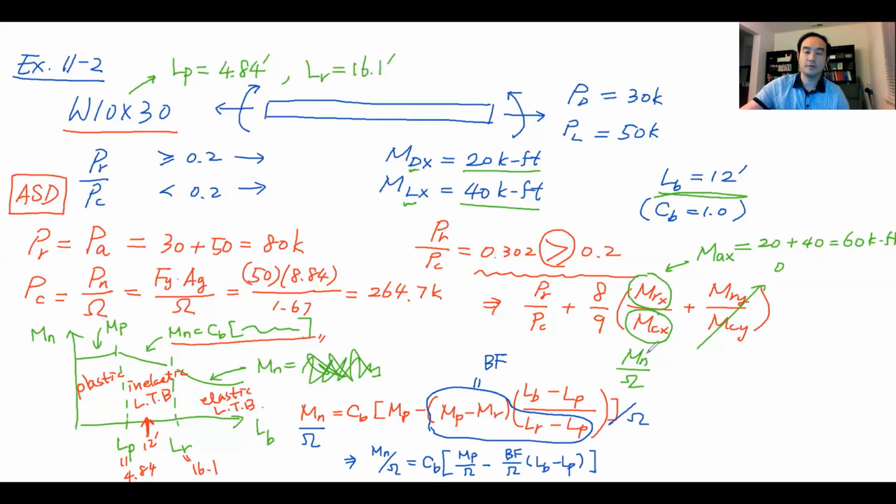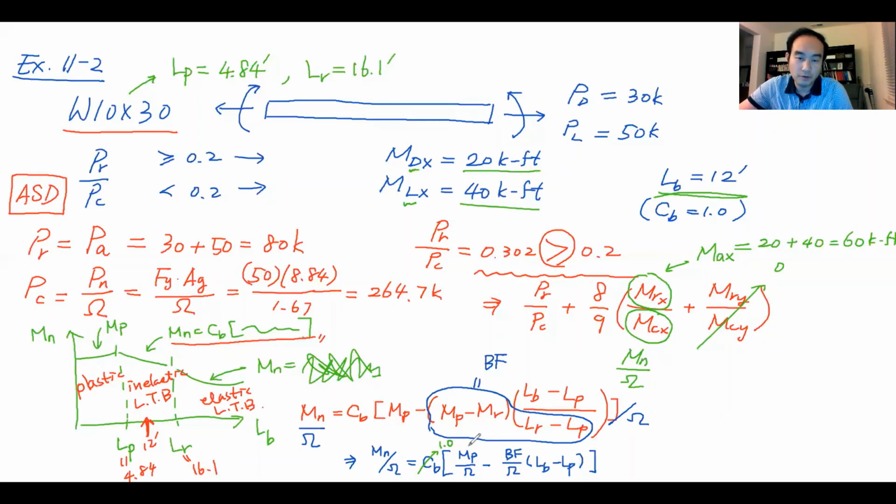So that is going to be our M sub C x here, right? And C sub B, by the way, is assumed as 1.0, so that is going to be 1.0, easy. So what you need to do is find out M P over omega and B F over omega, because we already know L sub B as 12 feet and L sub P is 4.84.